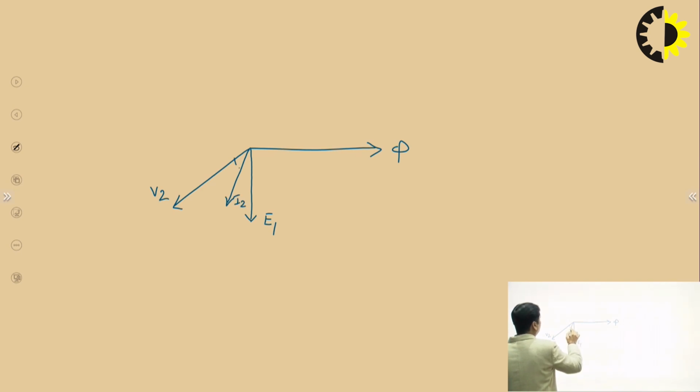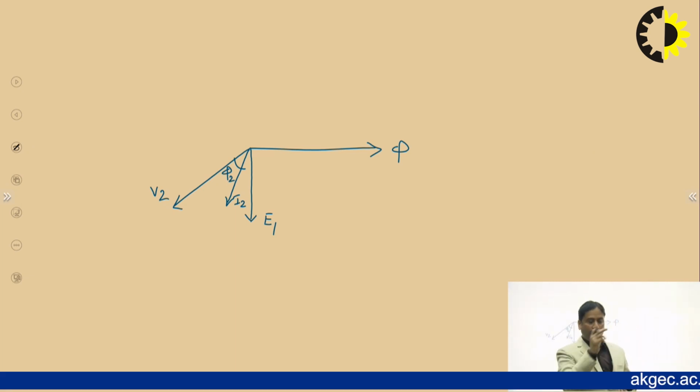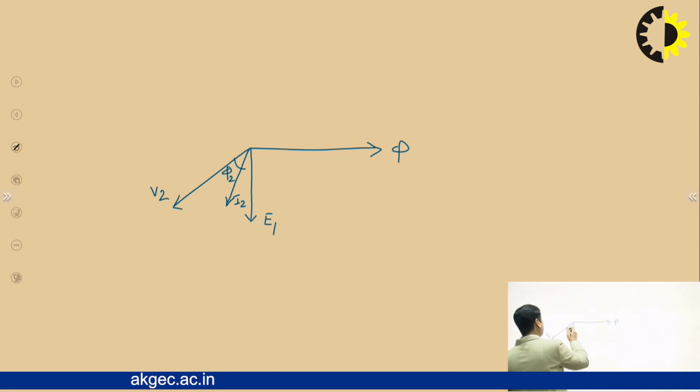The angle phi 2 between them depends on the power factor of the load, that is the angle between voltage and current, and then further steps you can draw in a similar way. The only difference is that for an inductive load the current will lag the voltage by angle phi 2.